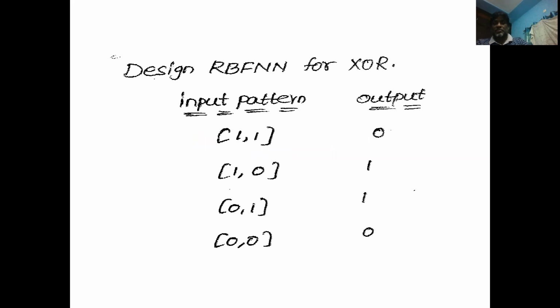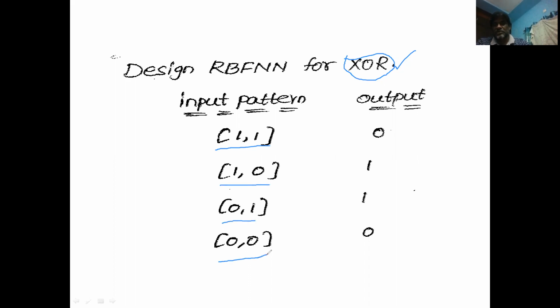So for understanding the process of this RBFNN design, we will consider the example that we took in our previous class, that is the XOR problem, that is the XOR gate. The behavior of the XOR function needs to be simulated here. We know that the input patterns for XOR are 1 1, 1 0, 0 1, and 0 0.